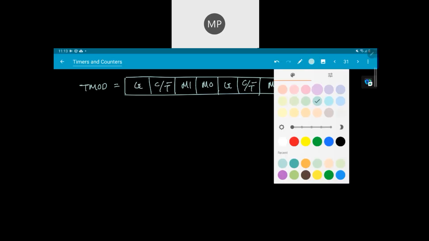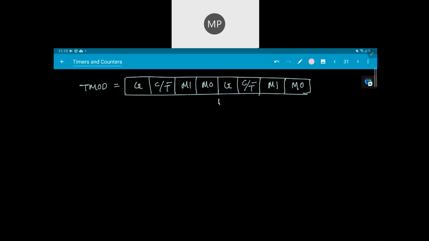Okay, and as we already know, these bits are reserved for timer/counter 1, and these bits are reserved for timer/counter 0. Okay, so this we need to keep in mind.